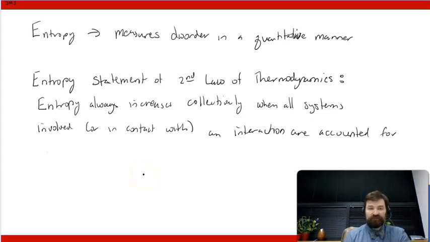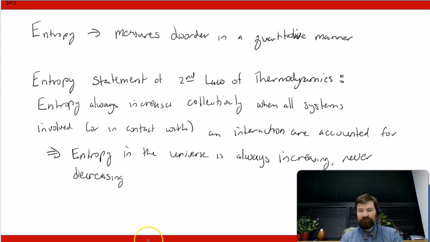Put differently, entropy is always increasing in the universe. The universe being the collection of all possible systems. So any process that is naturally occurring in the universe causes an increase ultimately in the universe's entropy. And that is the entropy statement, or the third statement, of the second law of thermodynamics.